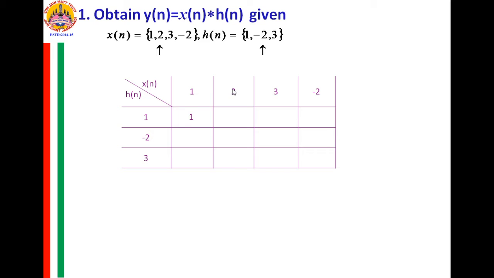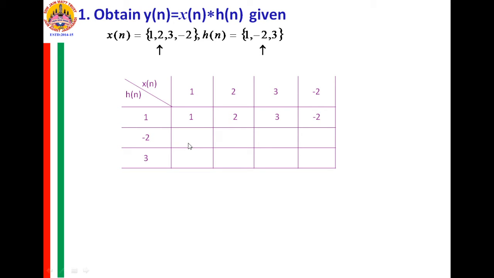This is 1. Now when you multiply 1 with 2, you will observe 2 here. Then in the next cell, 1 multiplied with 3 we have to enter. Then in the next, 1 multiplied with minus 2 is minus 2.